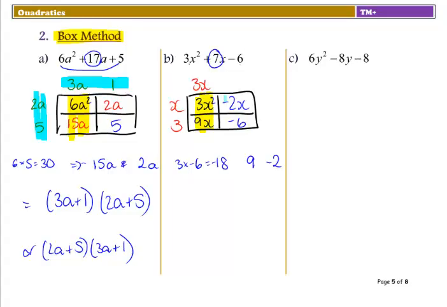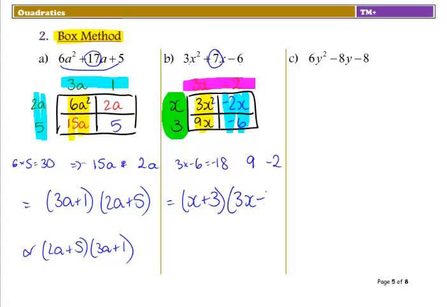Then the next column, negative 2x and negative 6 would be negative 2. Then reading off your brackets, it doesn't matter which order, so I have x plus 3, and then reading across 3x take 2. Again, or 3x take 2, x plus 3.